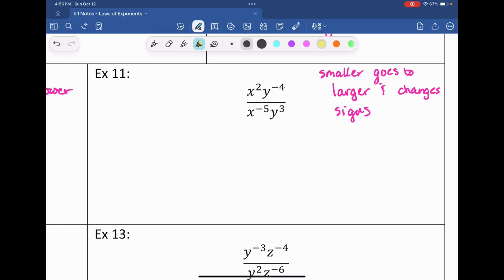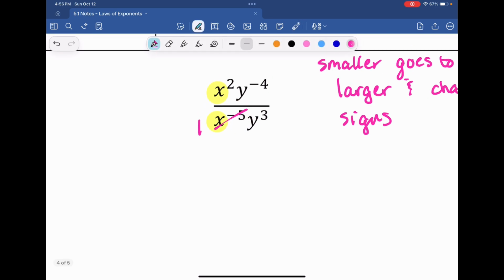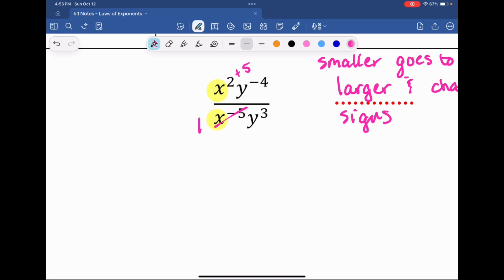All right, so if we start with the x's, x squared, x to the negative 5. Dividing by the same base, we should be subtracting the exponent. However, the negative 5 is smaller than the 2. Okay, so I'm going to take it out, and you switch signs. It was negative, now it's positive.